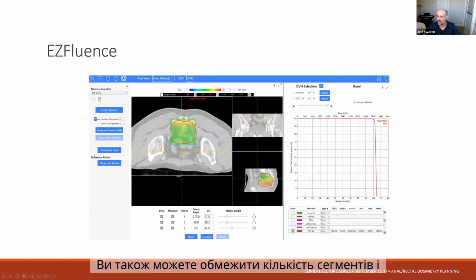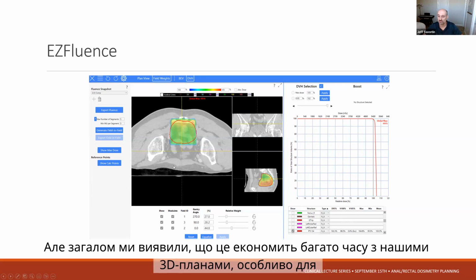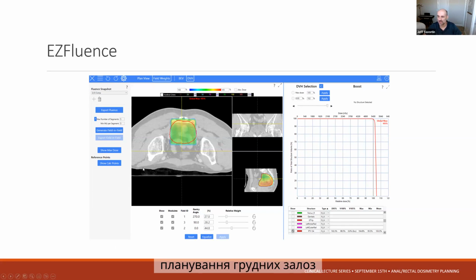You're also able to limit your number of segments and minimum MU per segment here on the left. For this, we use about 5 or 6 MU, and I think 4 for the number of segments. But overall, we've found this saves a lot of time with our 3D plans, especially for breast planning, as I think Jonathan mentioned in his last talk.